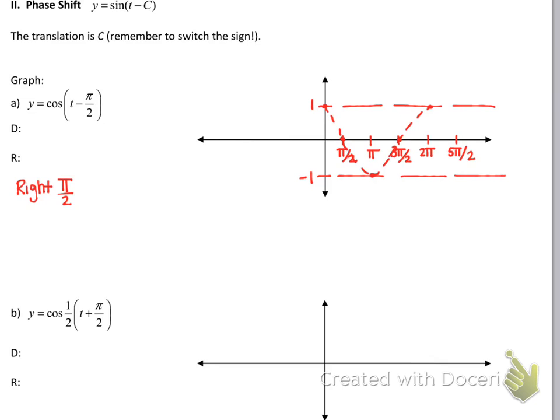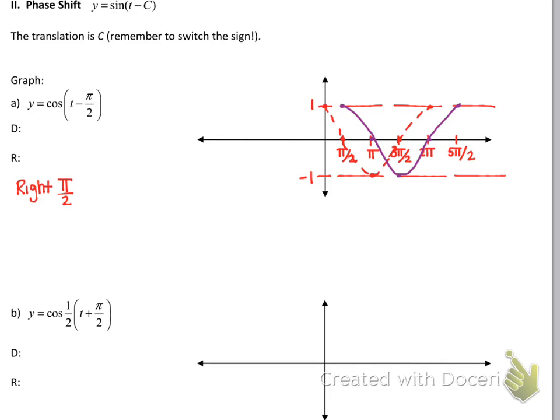So now I'm up at pi over 2, 1, pi 0, 3 pi over 2, -1, 2 pi 0, and 5 pi over 2, 1. So now the shifted to the right cosine graph looks like this in purple. If you don't need to do the original, that's fine.